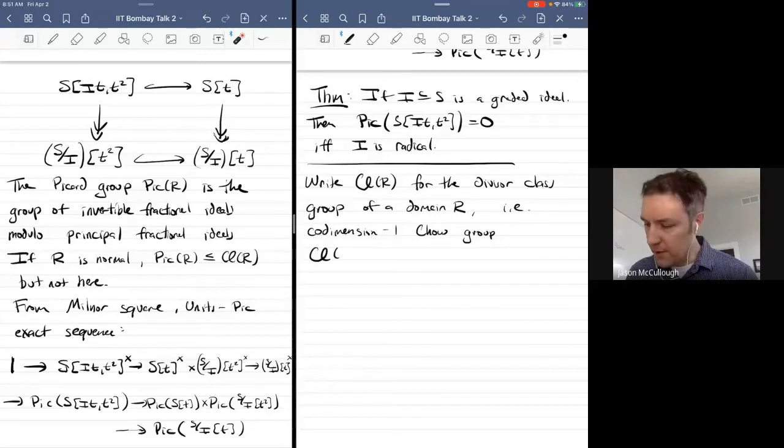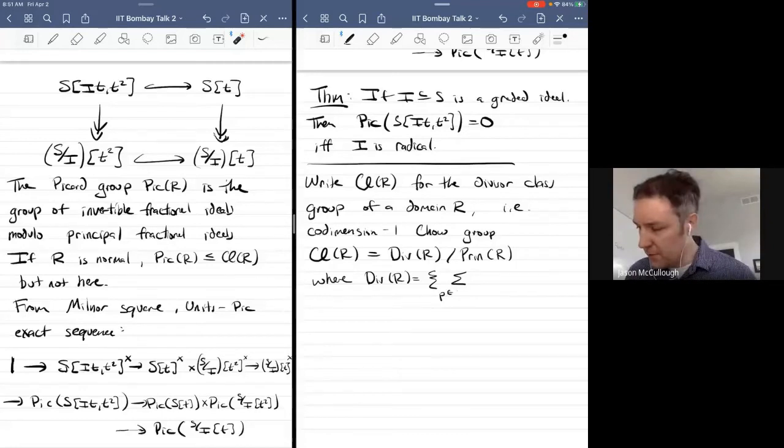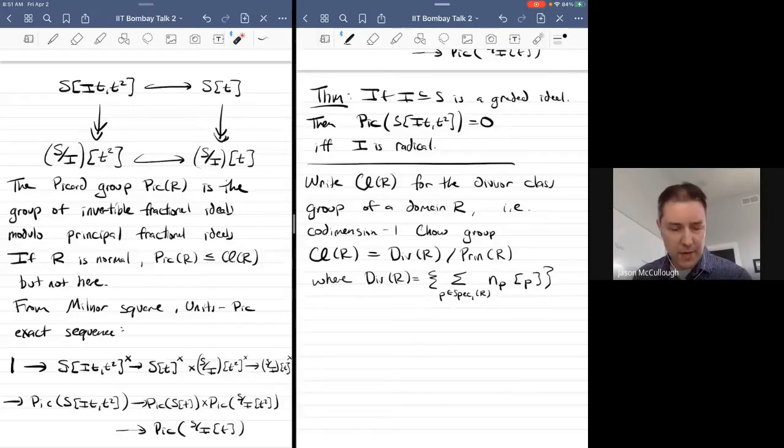So what I mean here is that this is the quotient Div R mod Prin R, where Div R is just the set of formal sums of n_P [P], where P runs over the height 1 primes in this domain.